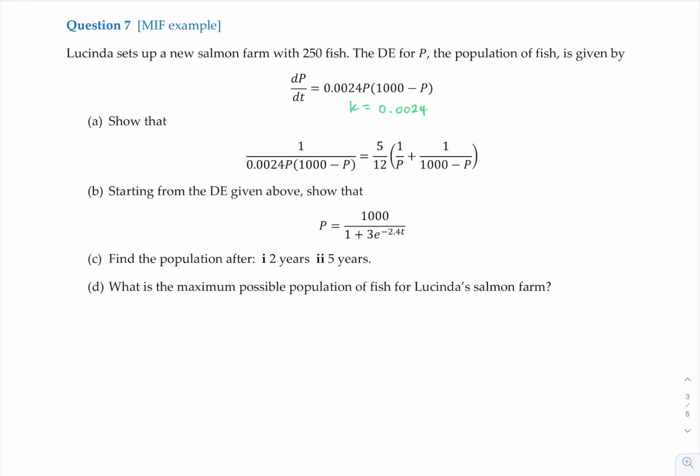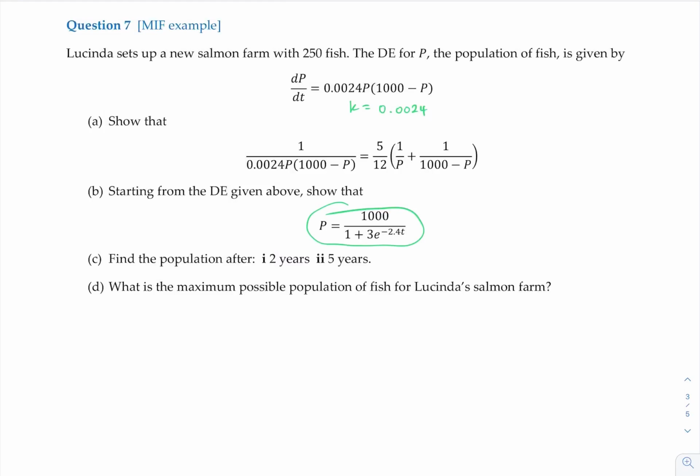And we've got to show that question. It's a bit of a pain. I'd rather work with k and m than work with 0.0024 and 5/12, but anyway. So we'll do this, and then starting from the differential equation, do this. We're going to be going through the same steps, so you can pause and do this yourself if you like, and then I'm going to do the solution as quickly as I can without explaining every step.